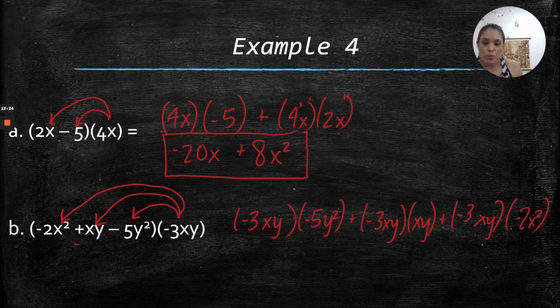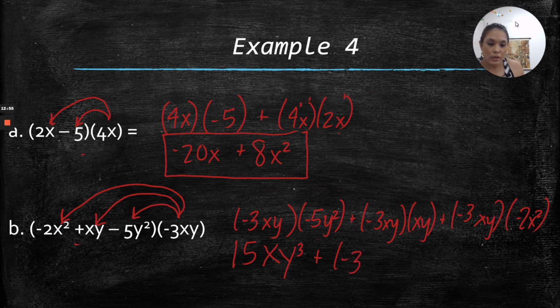So negative 3 times negative 5 is a positive 15. I don't have another x variable, so it's just going to be x. I've got two y variables here, one to the first power, one to the second power. You add that for y cubed plus, now let's see, negative 3 times a positive 1 is negative 3.